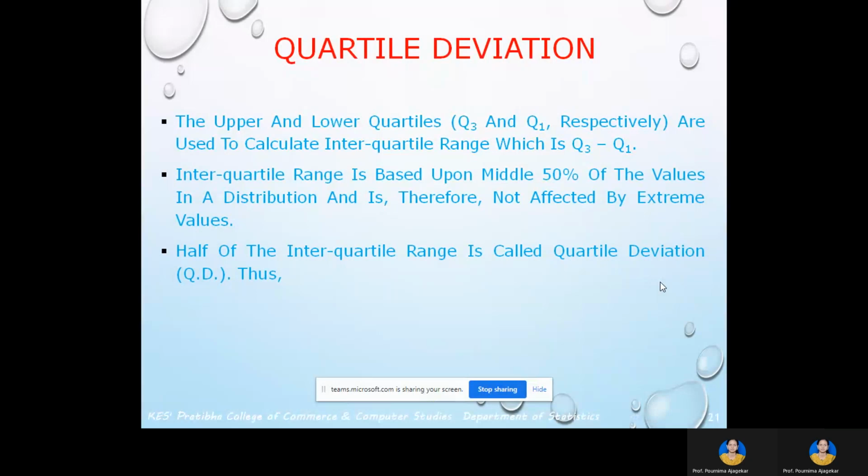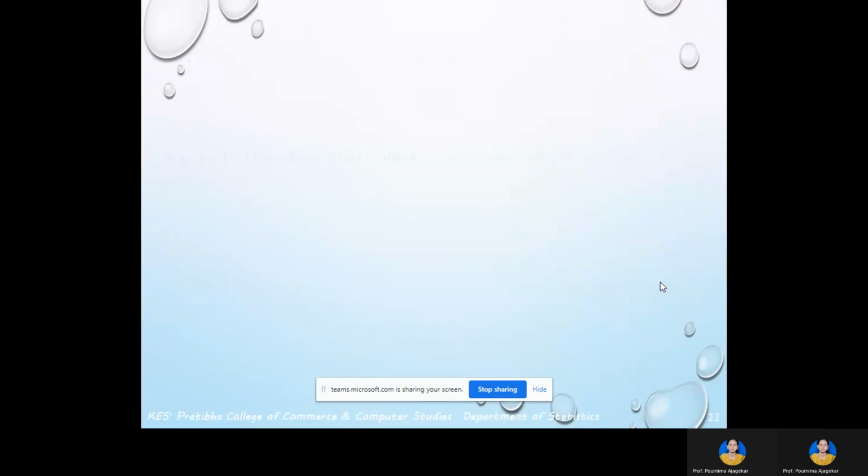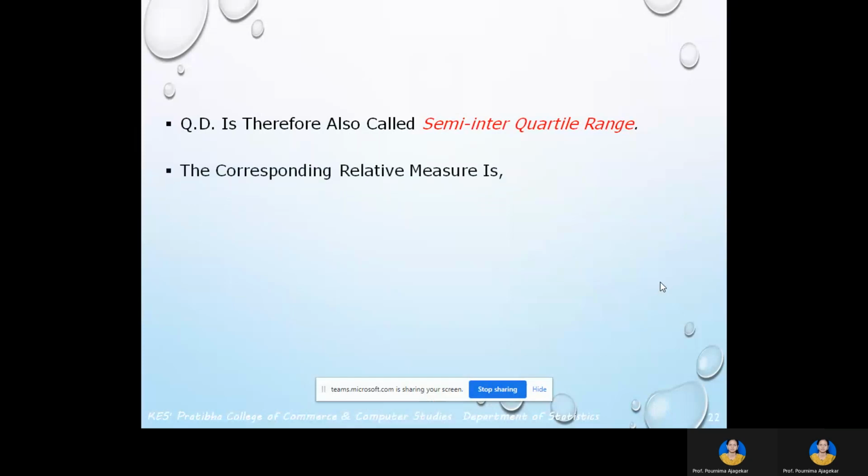Half of the interquartile range is called quartile deviation. Thus, quartile deviation is equal to Q3 minus Q1 divided by 2. Quartile deviation is therefore also called the semi-interquartile range. The corresponding relative measure is coefficient of quartile deviation, which is equal to Q3 minus Q1 divided by Q3 plus Q1.